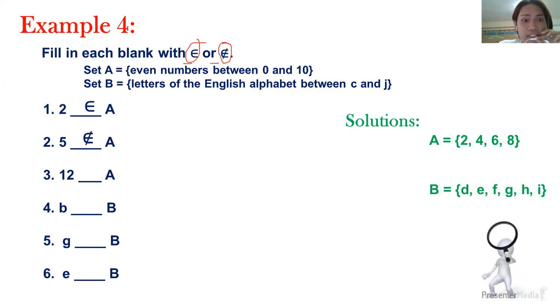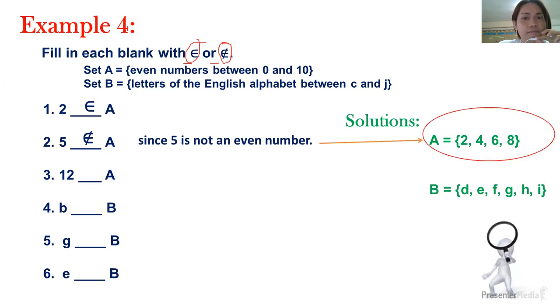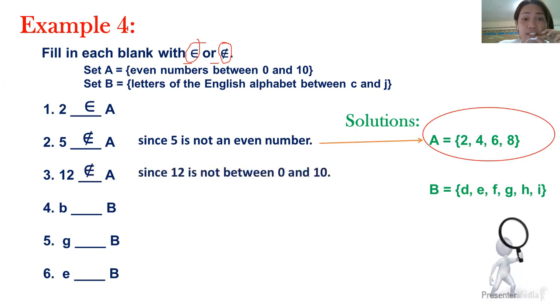Is 12 an element or not an element of A? 12 is not an element of A since 12 is not between 0 and 10. As you can see, A is equal to 2, 4, 6, and 8. So 12 is not an element of A since it is not between 0 and 10.